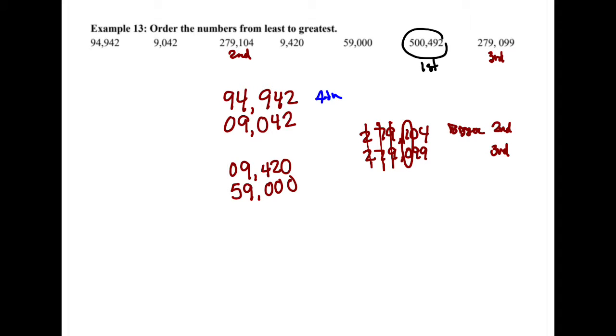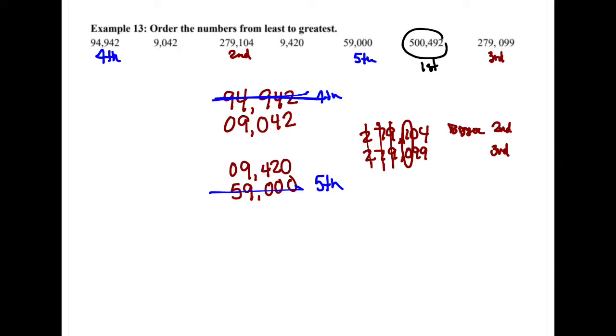Okay, so that was our first number up here. Okay, so now that one's out. We're still looking at this first column, 0, 0, and 5. 5 is the biggest. Okay, so that one is going to be fifth.